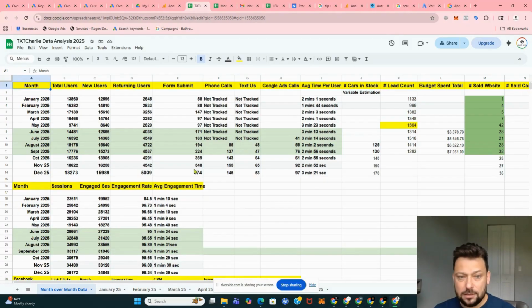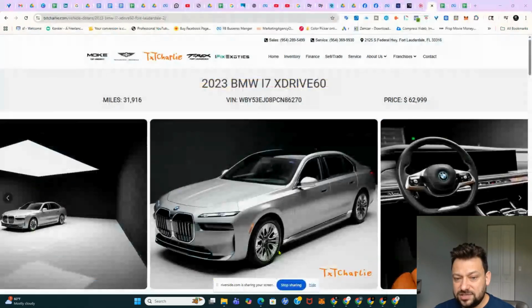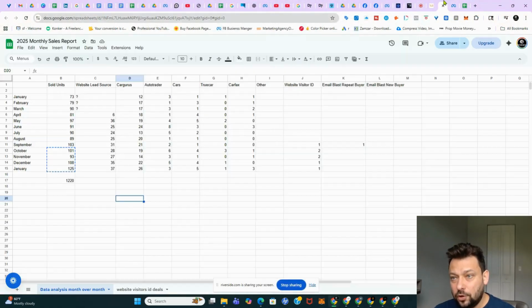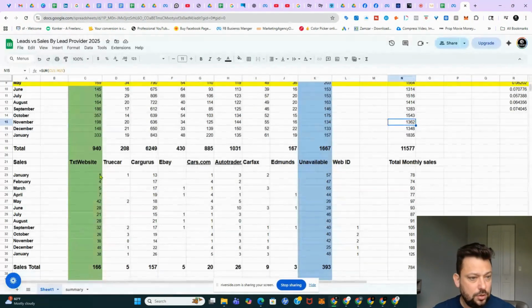The people come back, they do their form submissions, they do their phone calls, they send texts to the dealer. The point being the result representing this massive growth through the website being the attributed lead source.